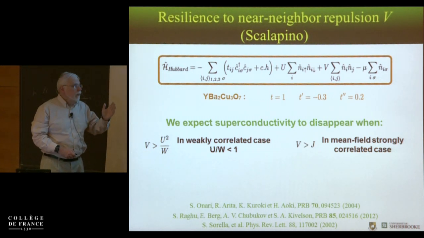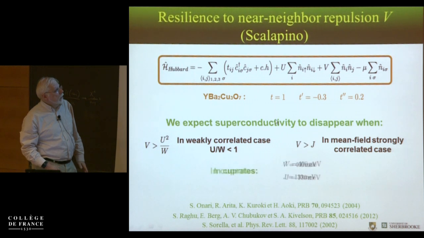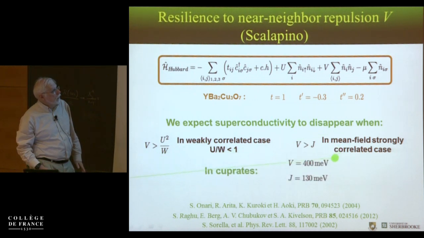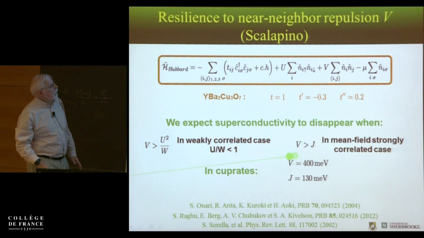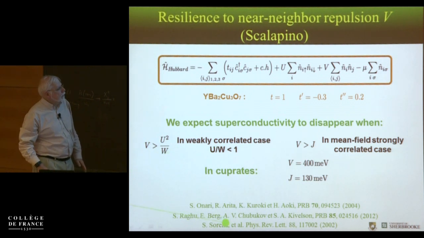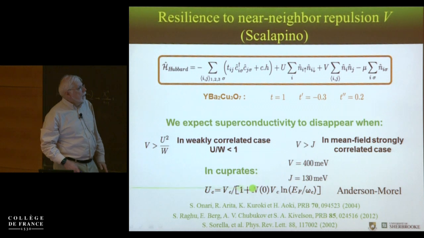If you have charge instead of spin, and you are in the situation of the cuprates where V is 400 millivolt roughly and J is 130 millivolt, you should not get superconductivity. There are detailed calculations that were done in the weak coupling case, and indeed you find in the weak coupling case that V is detrimental to superconductivity.